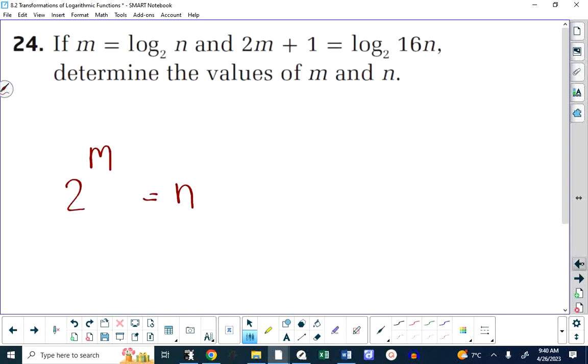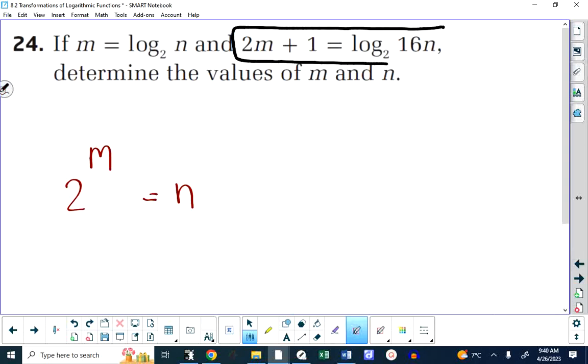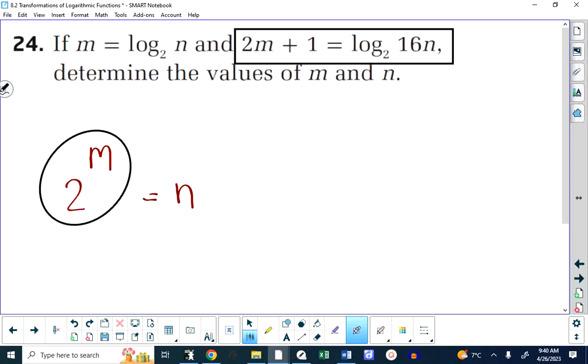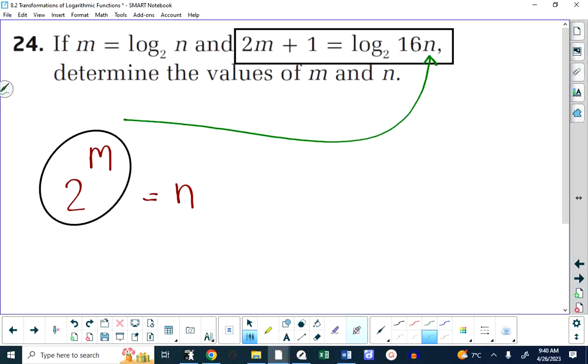And one of the things I notice is this second equation that I have here is one where if I took this expression and I put it in here, then I would get a single equation with only m's. Right? Let's not worry about how we're going to find m just yet. Getting rid of a variable in an equation is a huge step forward in solving a system of equations.